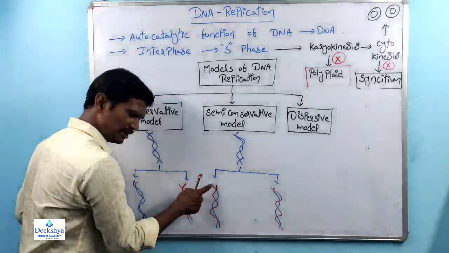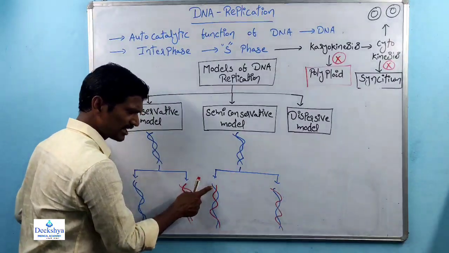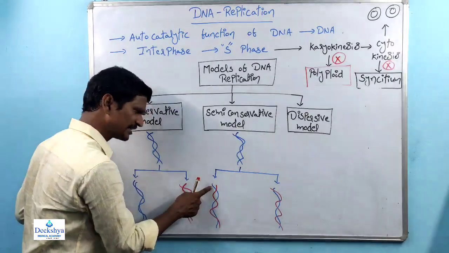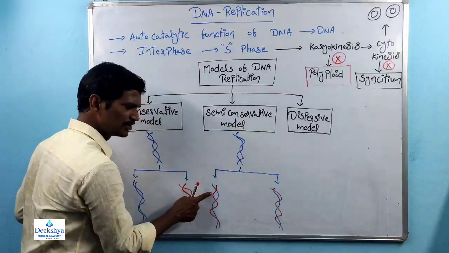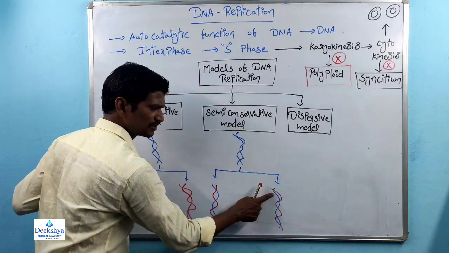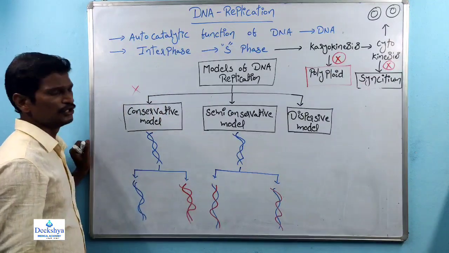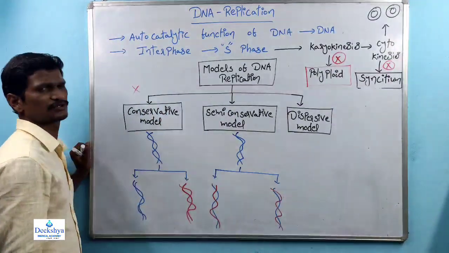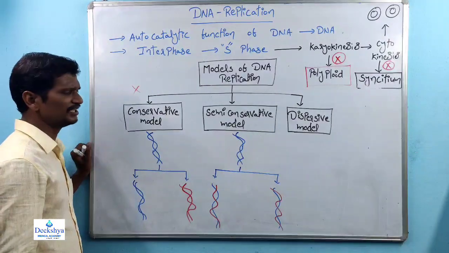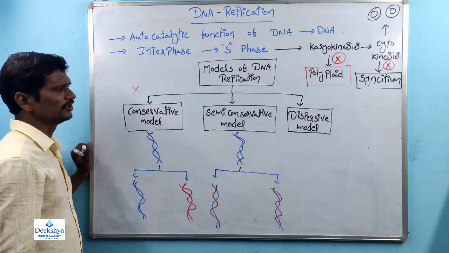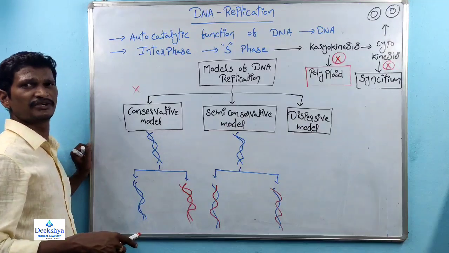So in the daughter cell, one strand belongs to the parental DNA and another strand is newly synthesized. Here also the same thing: one strand belongs to the parental DNA and another strand is newly synthesized. So this is the way of the DNA replication process. That is about the semi-conservative model.